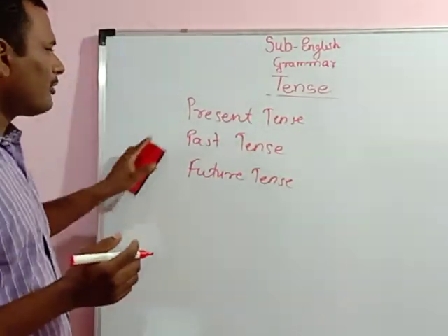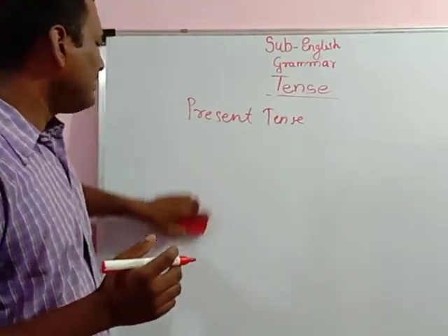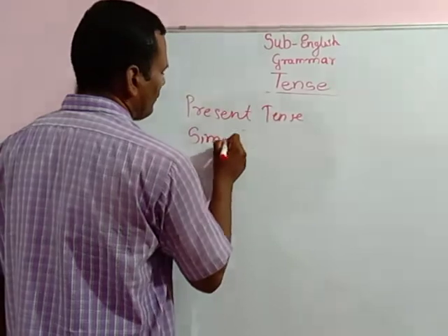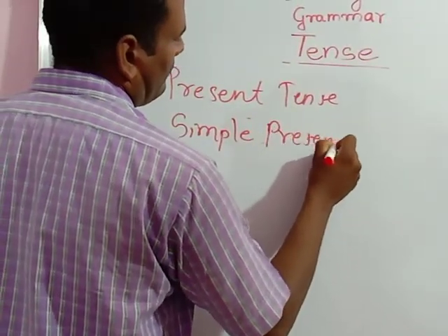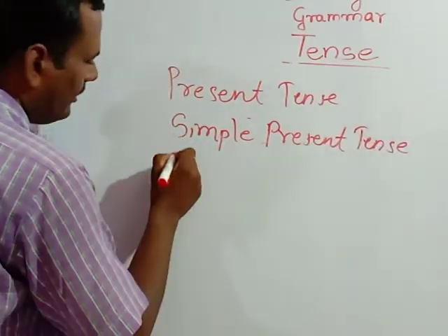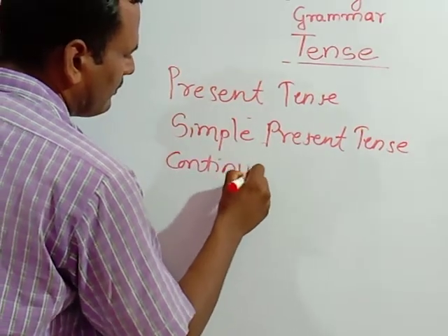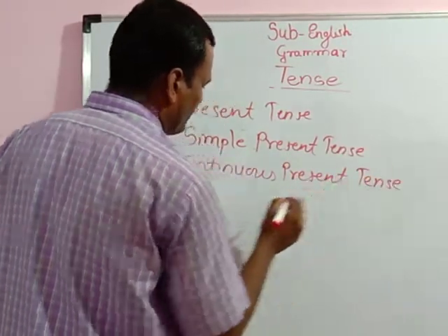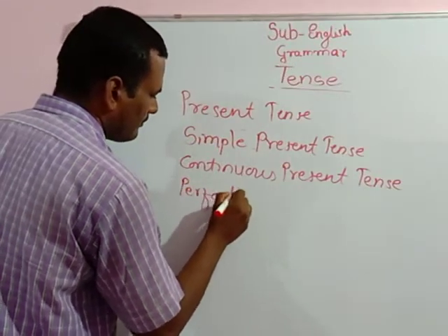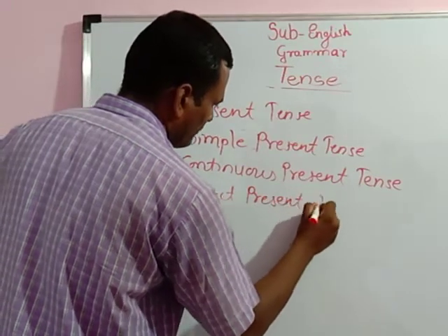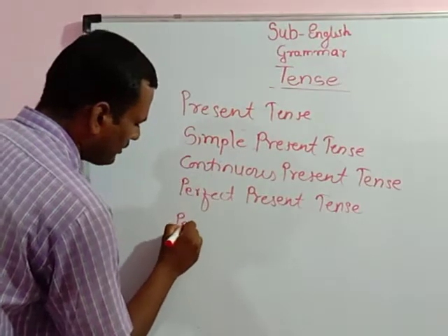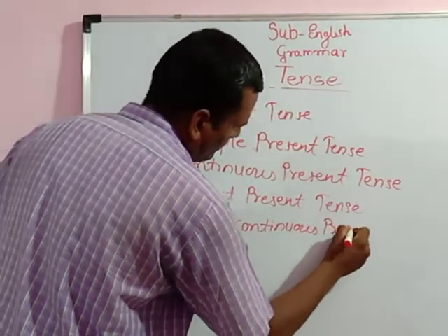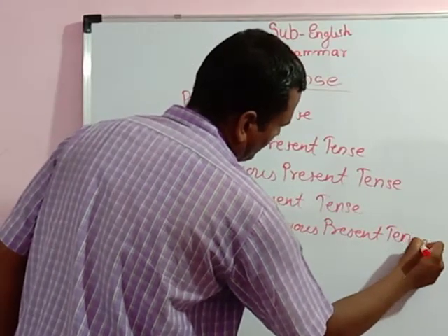So let us first of all start from the present tense itself. See, the present tense is classified into four subtypes, such as simple present tense, then continuous present tense, perfect present tense, and perfect continuous present tense.